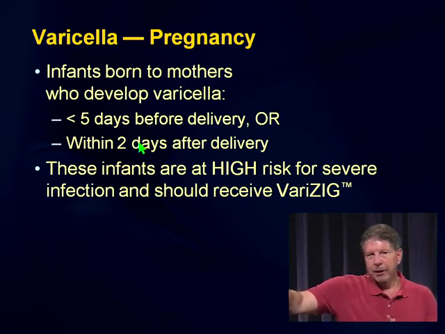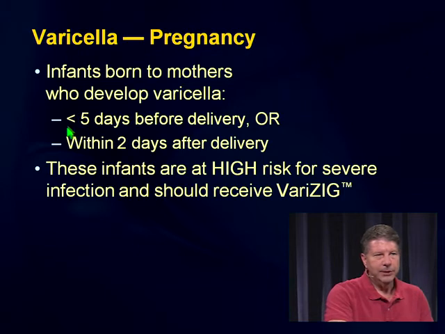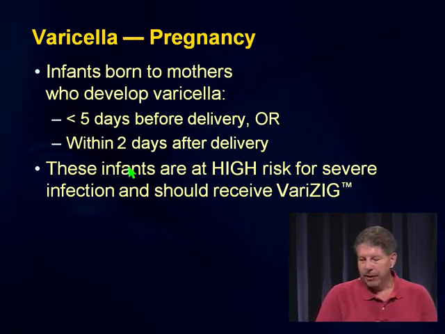The mom would not have had varicella in her bloodstream at the time of delivery once you get past 2 days. Okay? So that's the reason why we don't worry about giving the baby Varizig after 2 days. So if she's in this window, then the baby needs to get Varizig.